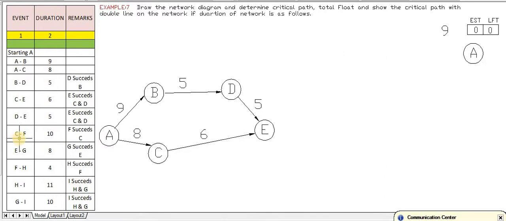What does the next line say? C to F, it has been 10 days. That means there is another point starting from C to F. C has already been calculated. And what does the remark say?